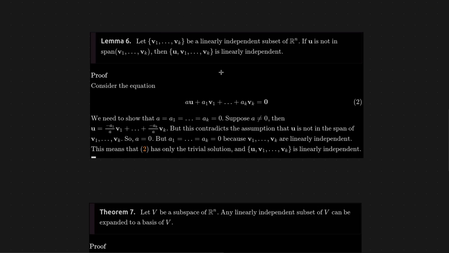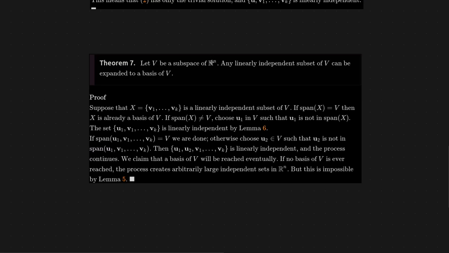Remember, V is a subspace of Rn. So we could keep on adding vectors, but we can't do it forever, because at most, the most vectors we could have in a linearly independent subset would be n. We cannot be larger than that. And so since we can't continue the process forever, at some point the span must be equal to V. Otherwise, we'd be able to continue the process forever. And so that proves the theorem.